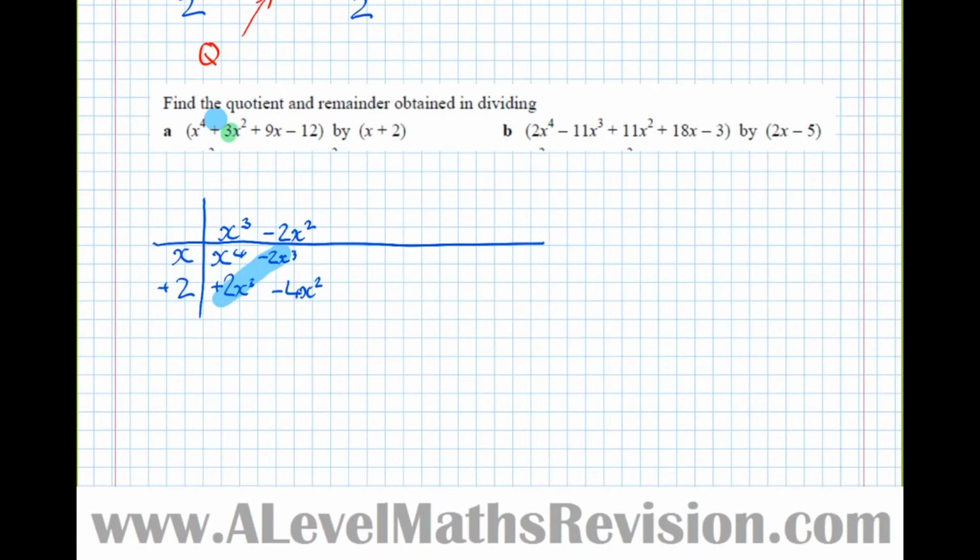Now we need 3x squareds. Positive 3x squareds. So we need to add something there to adjust this, because we've got minus 4x squareds currently. Put something else in the grid here to make sure that we get the plus 3x squareds that we need.